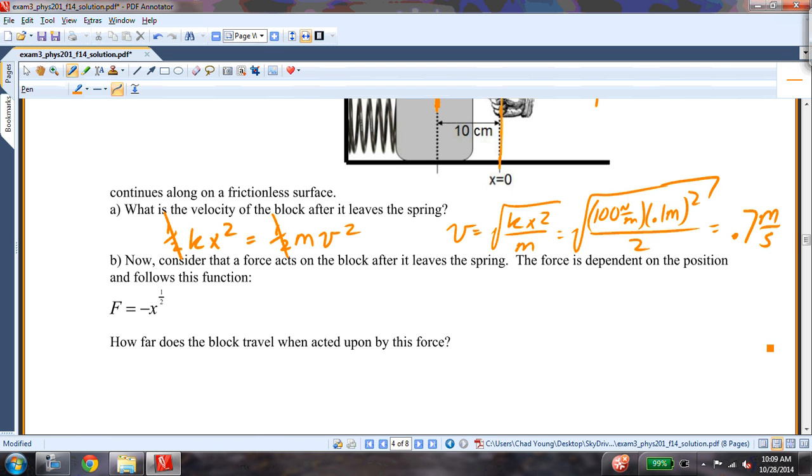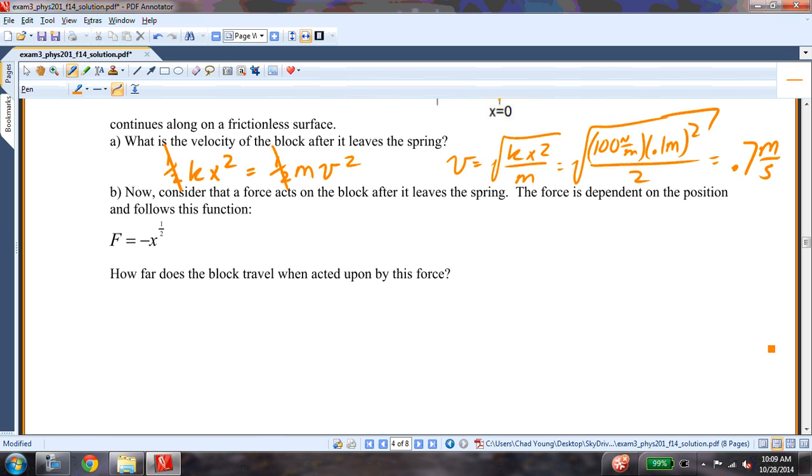And then after it leaves the spring, we imagine that there's a force acting on the block, and the force is dependent upon the position and follows this function. How far does the block travel when acted upon by this force? Okay, so let's just first find the energy. So the total energy that it has is in kinetic energy. That's 1/2 mv squared.